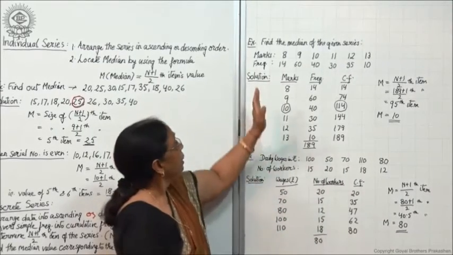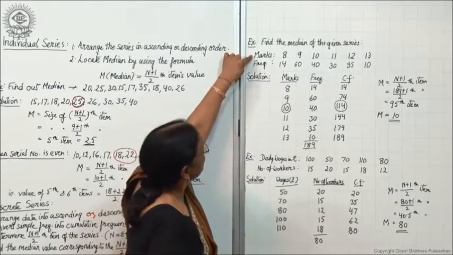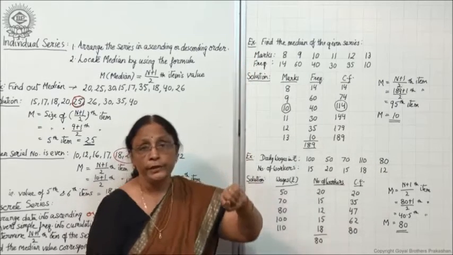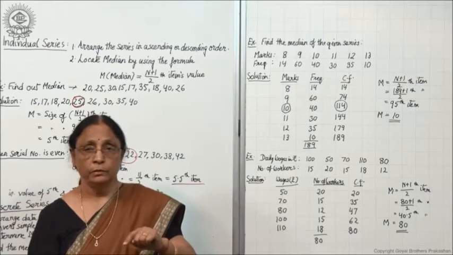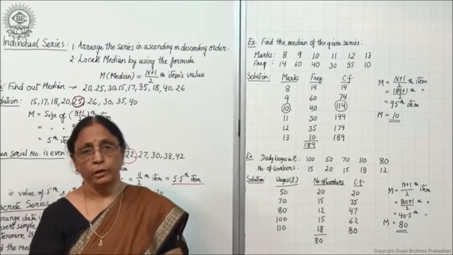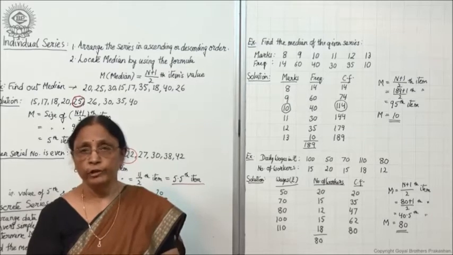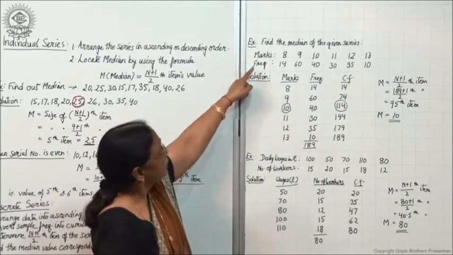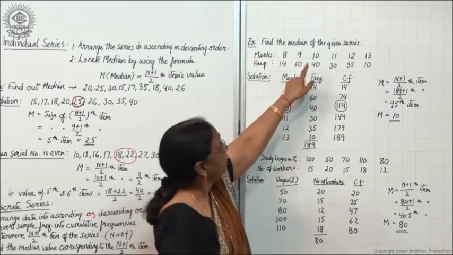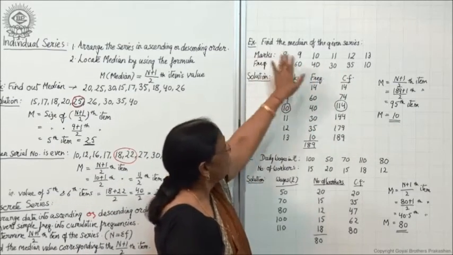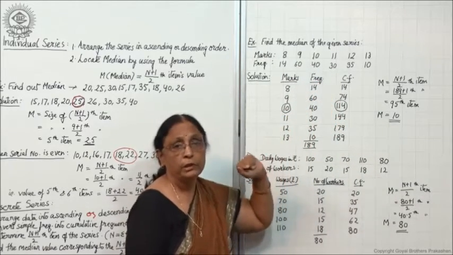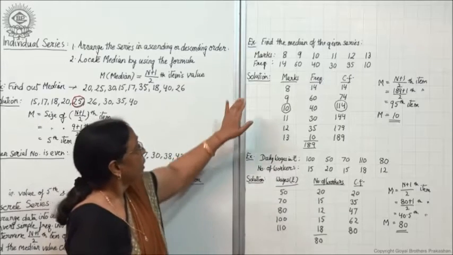Now here, you have to see whether the first column, marks, is already arranged in any order, ascending or descending, or whether you have to arrange it. Here you see that the data is already arranged in ascending order 8, 9, 10, 11, 12, 13. So you need not alter the distribution of the series.